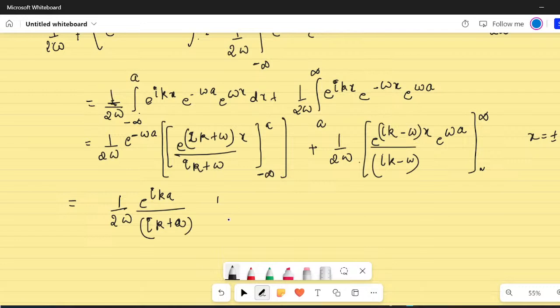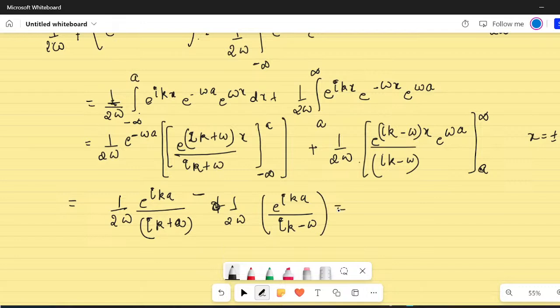and then write this also 1 upon 2 omega. If I use this tending to infinity, this will give me 0, and there is a negative sign as well. This will be e to the power iota k a divided by iota k minus omega.